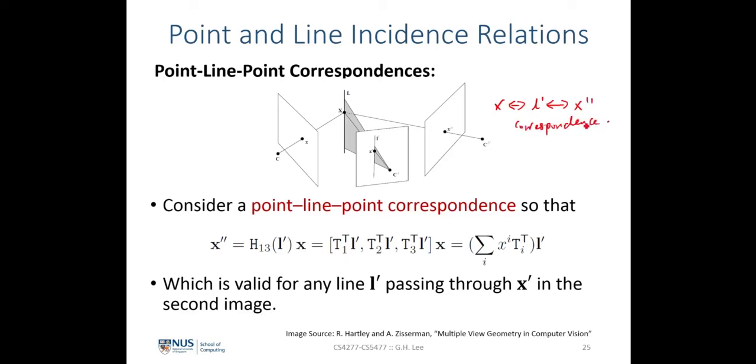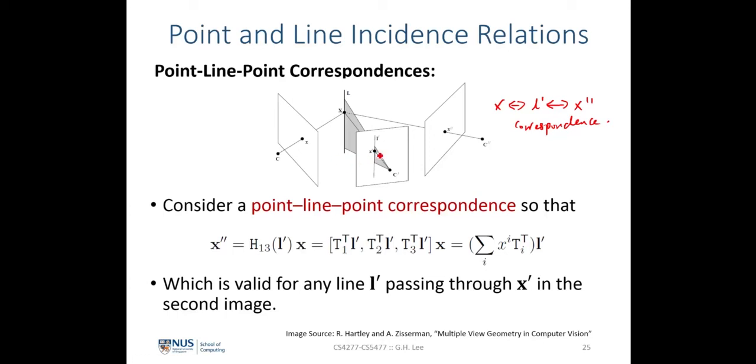This means that they must meet at certain parts of the 3D space, as illustrated by this figure. We can see that the two rays will meet at a point, and they will also meet at a 3D line that gives rise to the projection of L prime in the second image. What's interesting here is that we can make use of the homography relation that we derived earlier to get the point-line-point incidence equation.